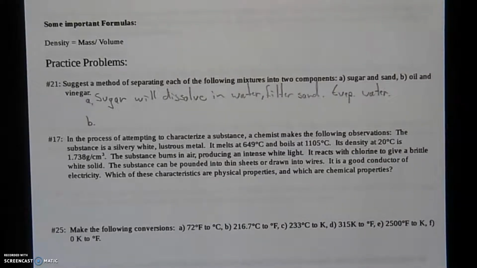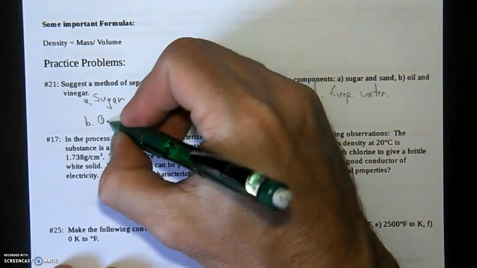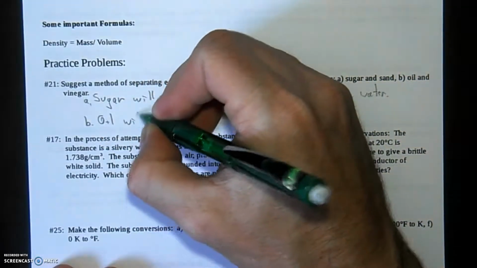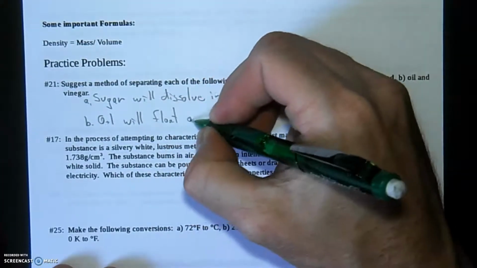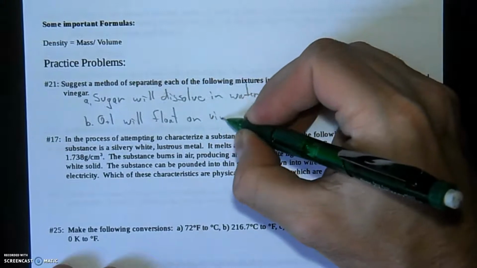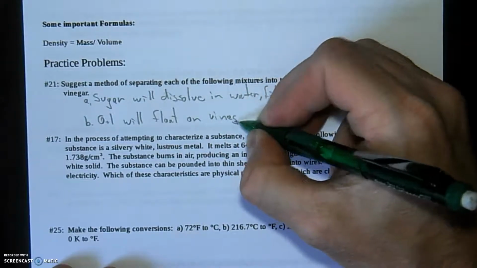If you have something called a separatory funnel, which we probably would not have, you could use that to do a nice easy separation, or you could do a variety of ways to skim off the oil off the top and separate them out that way. So we can say that oil will just float on the vinegar.